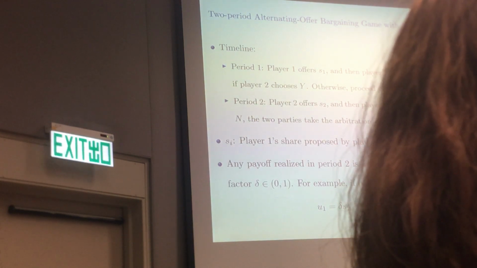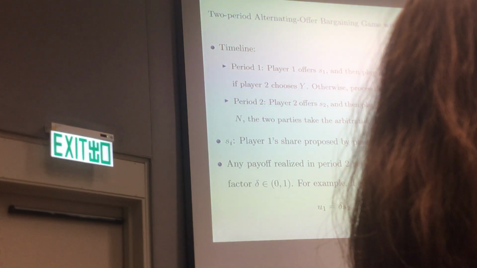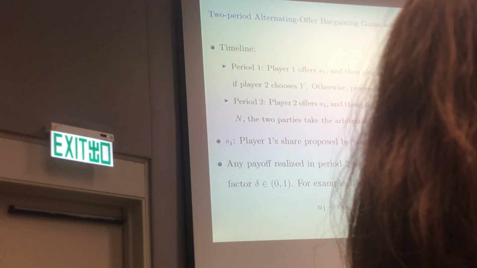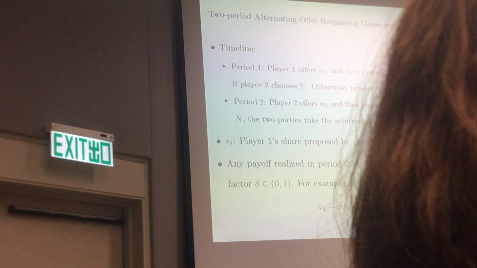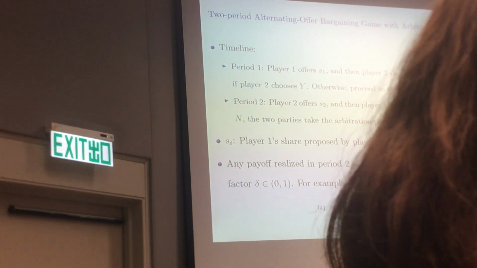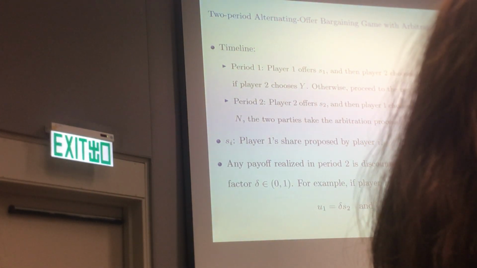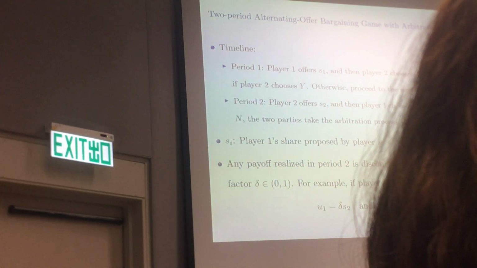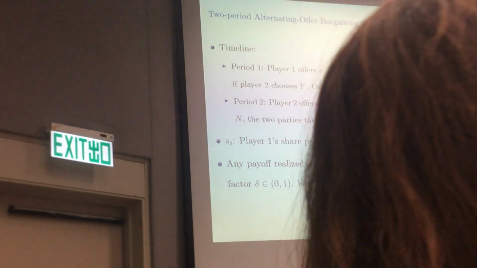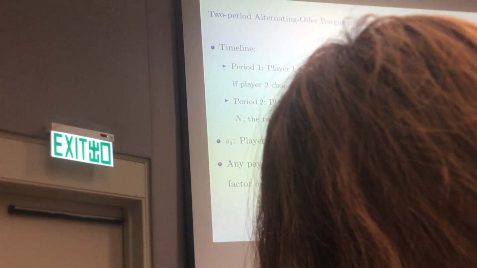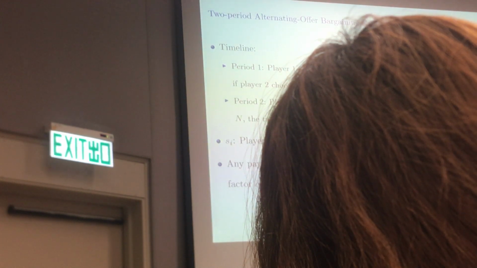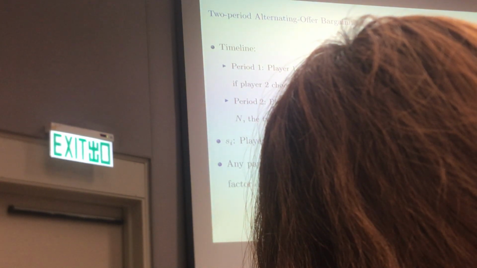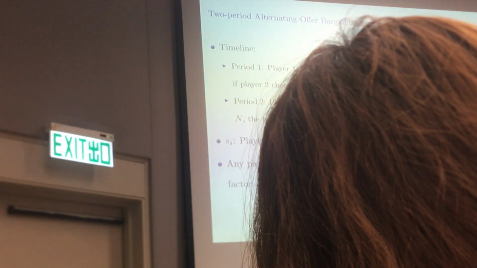If player 1 makes an offer and player 2 rejects, that ends the game without any agreement. But in real world bargaining, typically the other player can also make a counter offer. So for the remaining 20 minutes, I'm going to try to extend our bargaining game, including adding the possibility of player 2 making a counter offer.